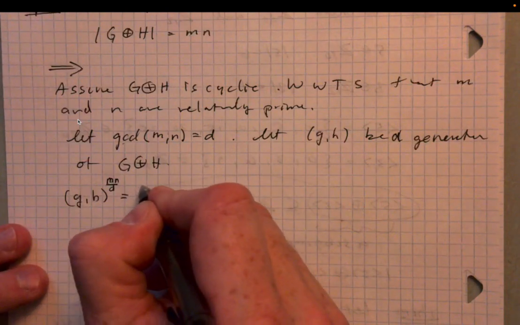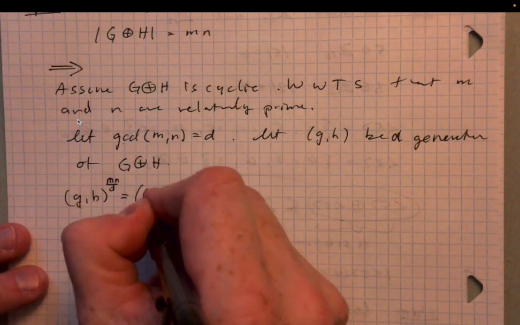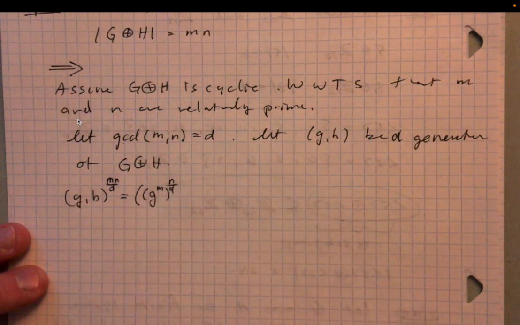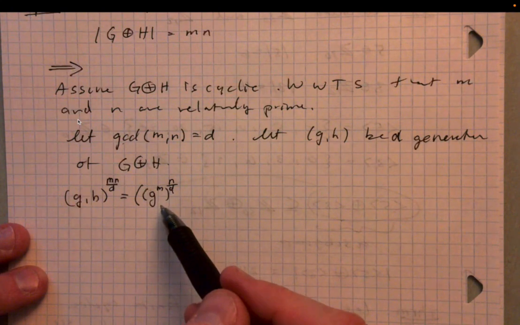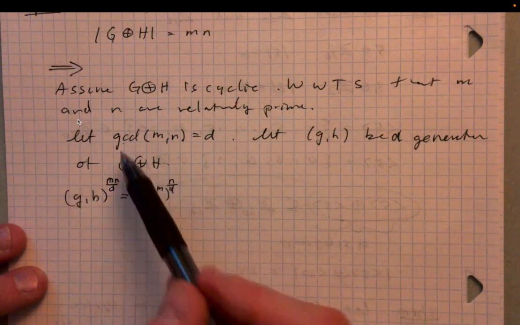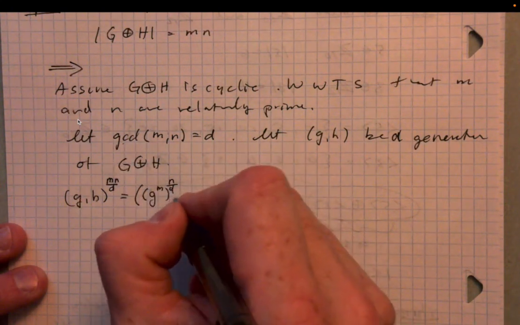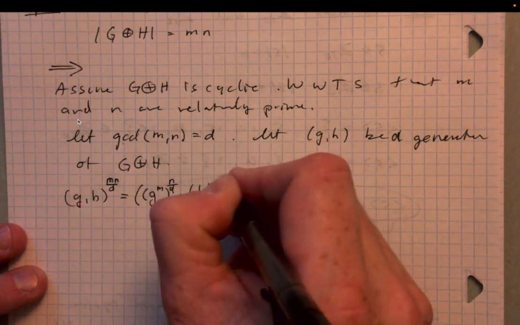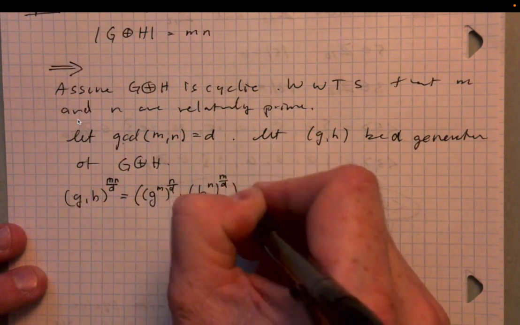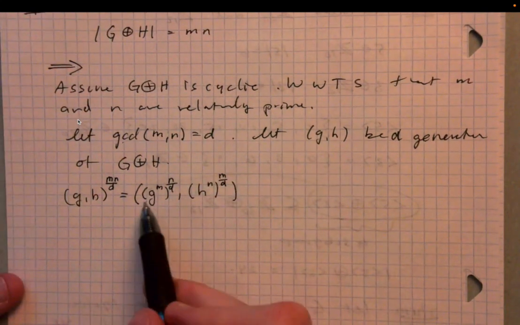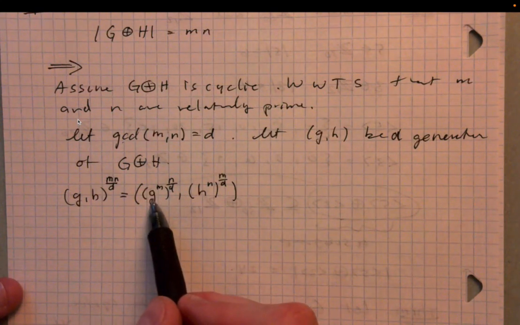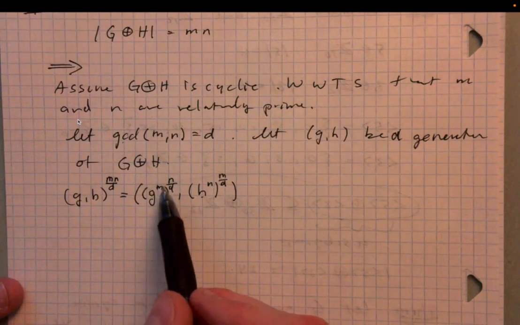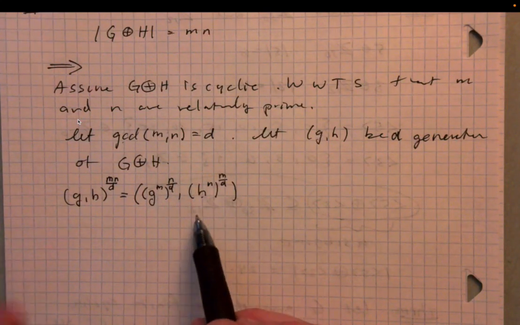Well, what ends up happening is that you can break this apart in a clever way. So g to the M and then to the N over D. M is obviously the order of group G. And for h, we're going to do similar: h to the N and then to the M over D. Now remember g is the generator in G, h is the generator in H, so g to the M is going to be equal to the identity, and h to the N is going to be equal to the identity.